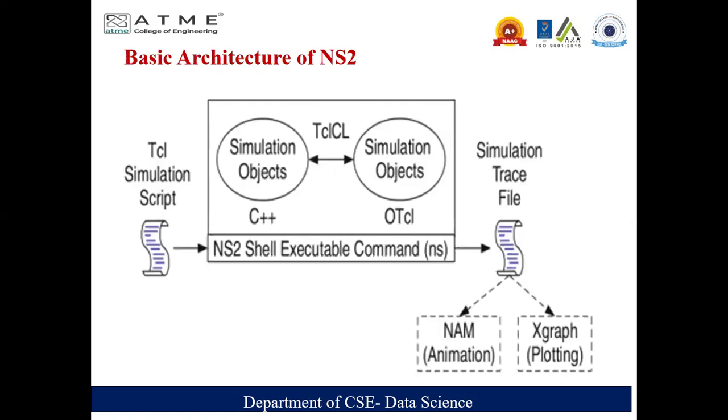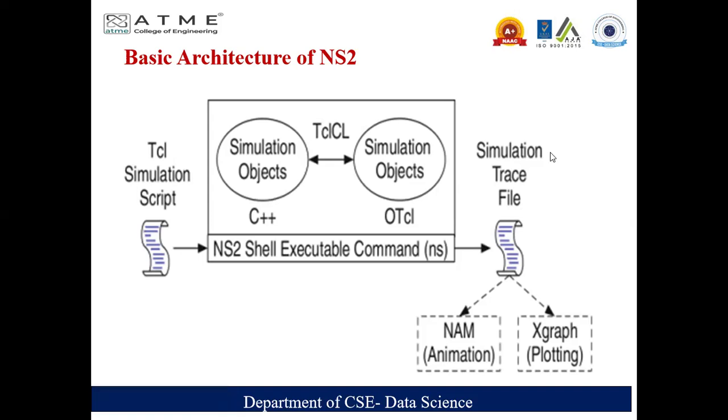This is the basic architecture of NS2, where we have the simulation script which is inserted. It undergoes the shell commands, and we write it in the TCL language, Tool Command Language.